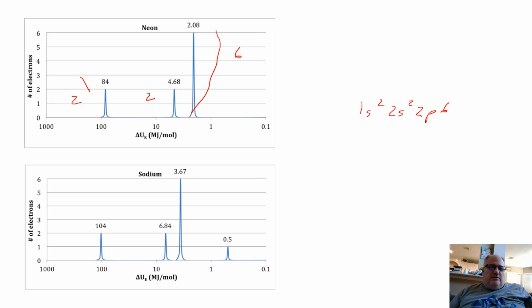So this right here is going to correspond to 1s2, 2s2, and 2p6. Notice how the number goes up so much higher than the previous, 84 megajoules per mole, and then 4.68. That's because as you keep adding more protons to the nucleus, the greater effective nuclear charge is going to pull all these electrons in that much more tightly.